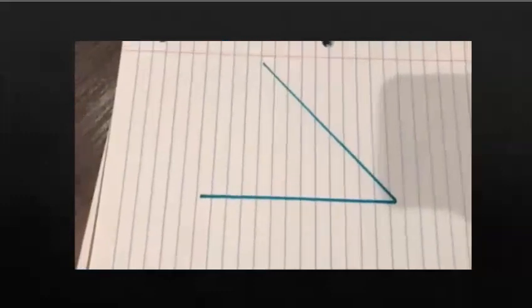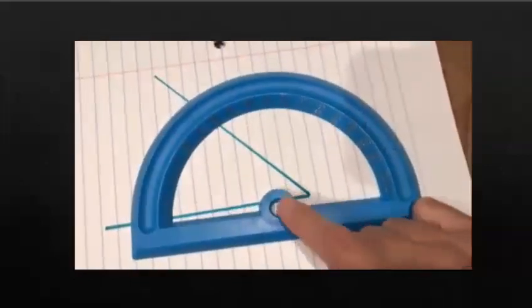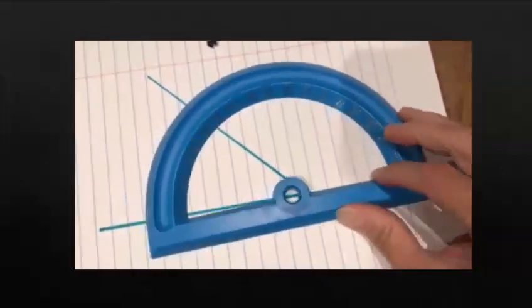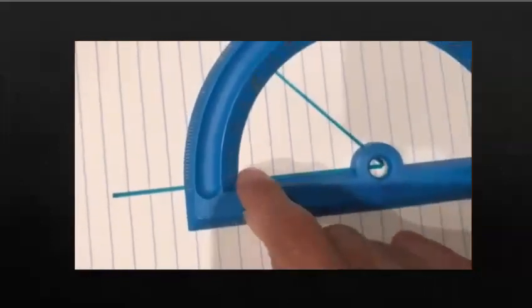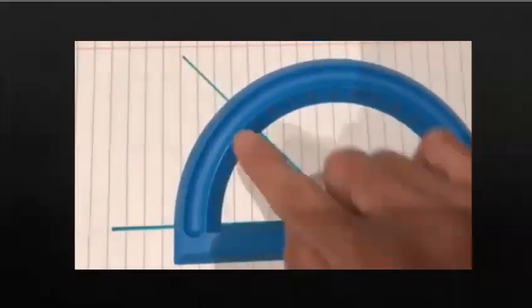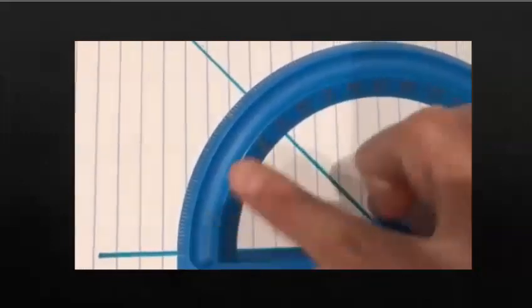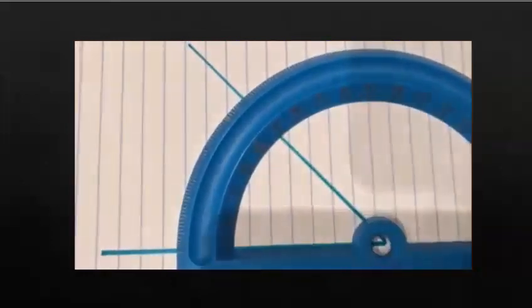Here's an angle from the other side, or the other view. Again, we're going to get our protractor, and we're going to line up the vertex right in the center. Sometimes there's even an X in the center of your protractor to show you exactly where to put it. And we line up that bottom line with the 0 marking. Then we start to read our other line. So it's either 50 or 130.